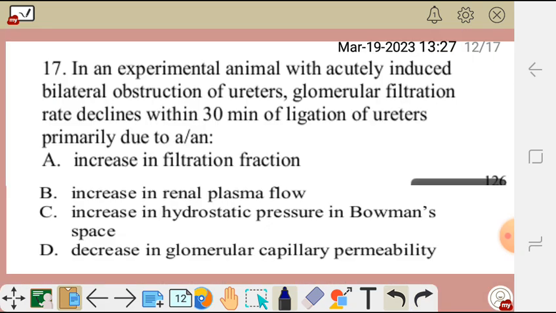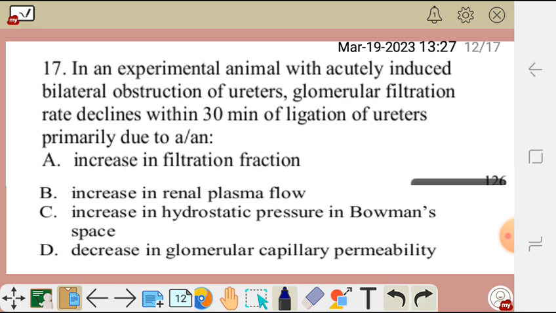So question 17. Now, an experimental animal with acute induced bilateral obstruction of ureters, glomerular filtration rate declines within 30 minutes of ligation of ureters, primarily due to A, increase in filtration fraction, B, increase in renal plasma flow, C, increase in hydrostatic pressure in Bowman's space, and D, decrease in glomerular capillary permeability.